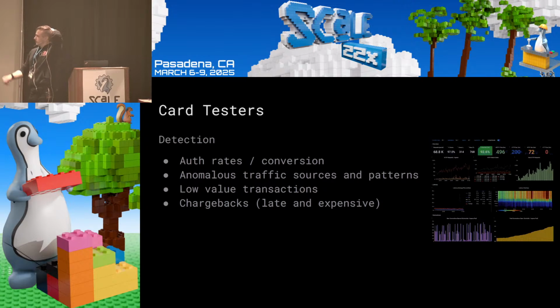You might see anomalous traffic sources and patterns, so suddenly you're getting a bunch of attempts from a market you don't operate in. A lot of low value transactions, so to bypass a lot of risk rules, they'll usually find the lowest value transaction they can make and use that.